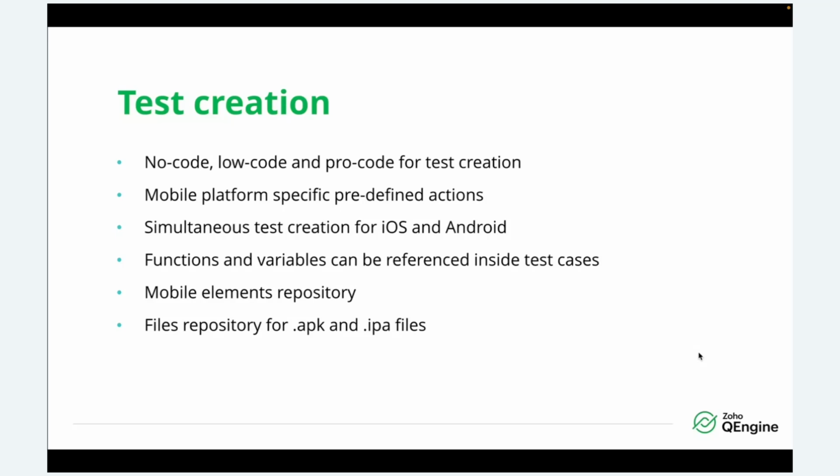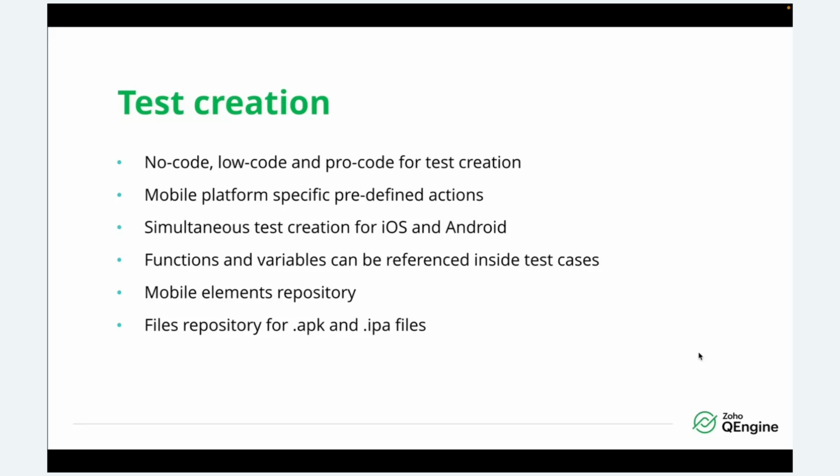So when we are looking at a test case editor for the mobile platform, the actions on the left-hand side also change accordingly. It is not the same as the actions available for the web platform. We'll be seeing that in action in some time.